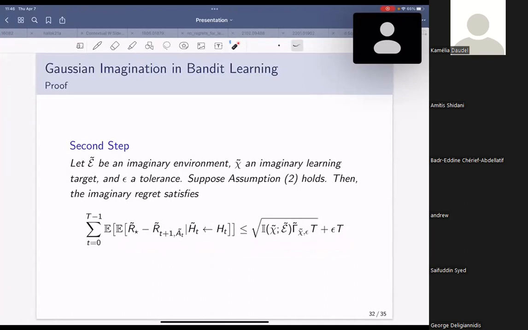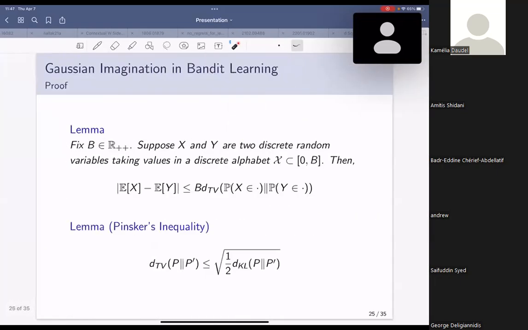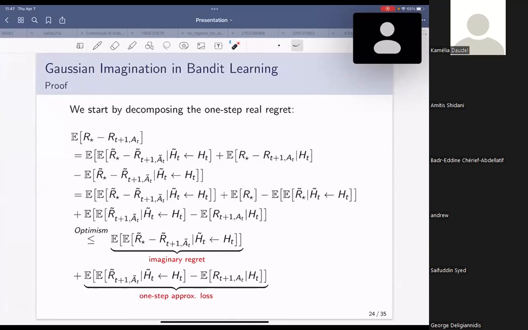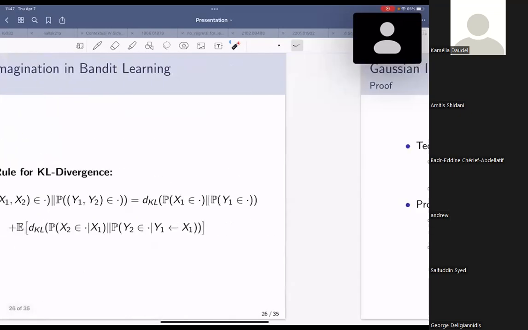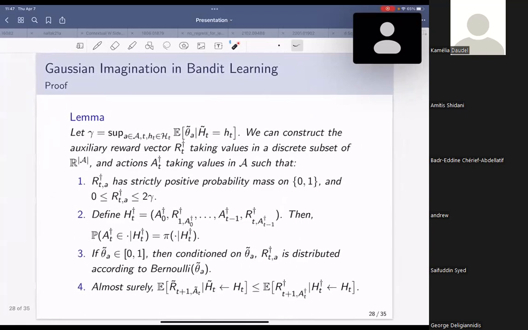Is the way they define the auxiliary reward, when you define this discrete reward, strongly dependent on the fact that you're Gaussian or not, to obtain the bound? For the proof of the lemma, it uses it, but it's not strongly dependent.